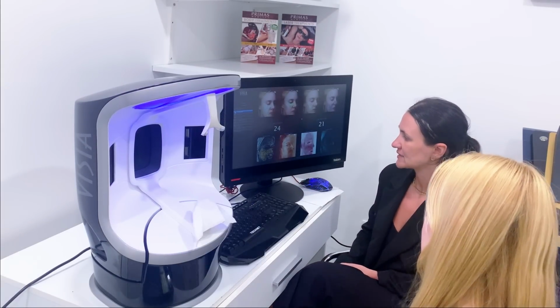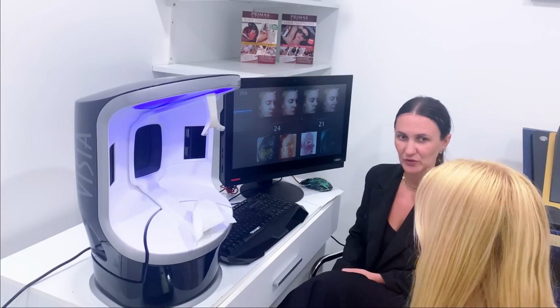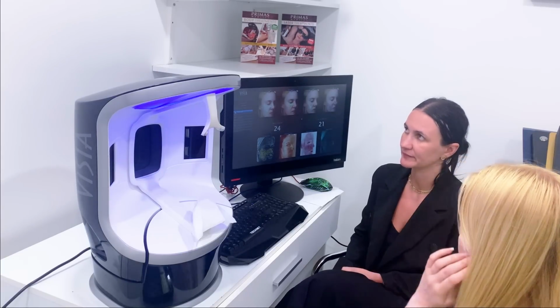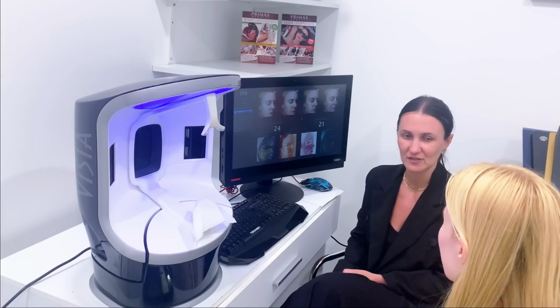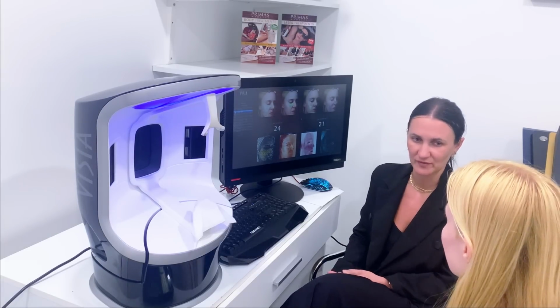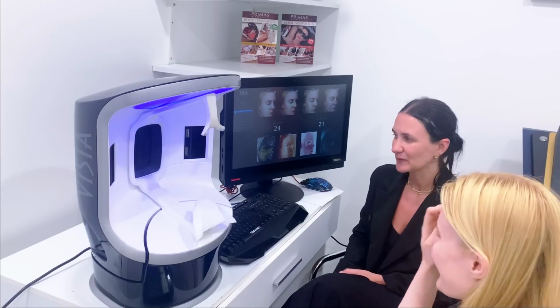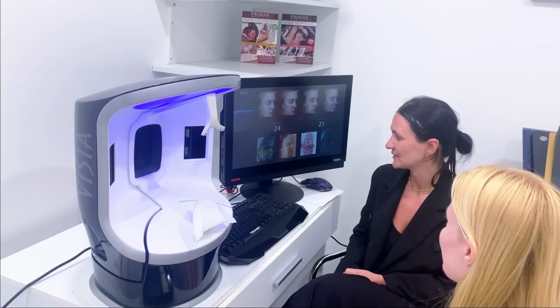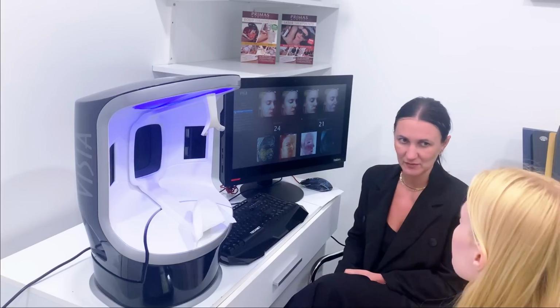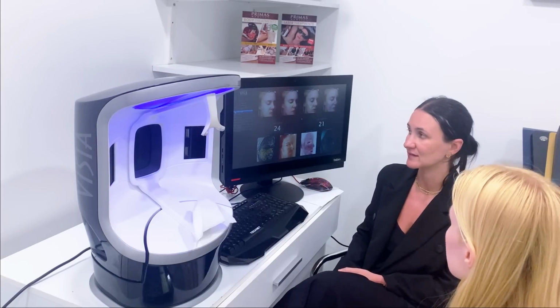Okay. You told me you've done Dermapen already, right? Yes. However, it was quite superficial. You didn't feel much, which is quite bizarre because Dermapen can be quite an intensive treatment. What I would suggest first is deep hydration.